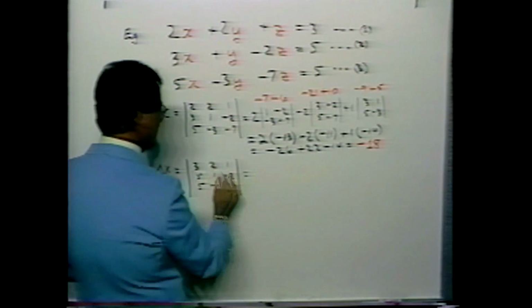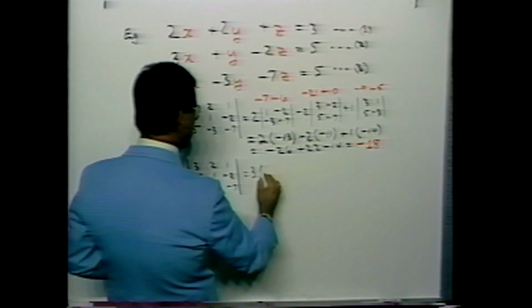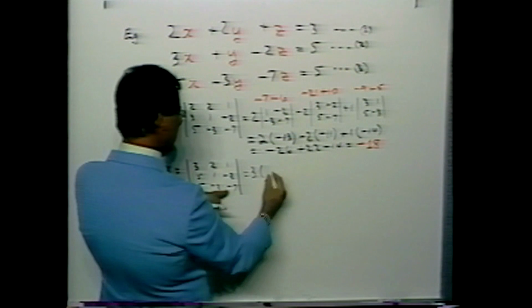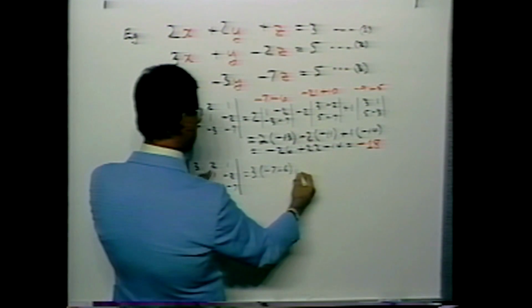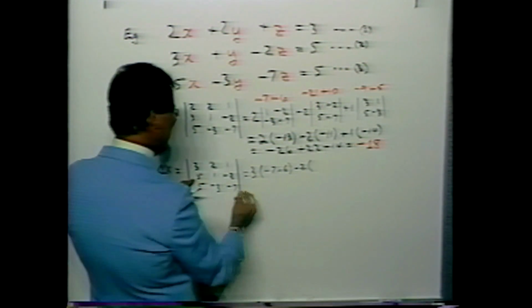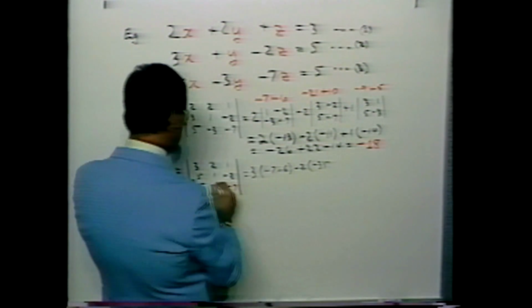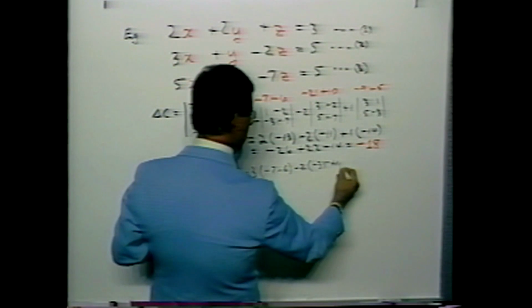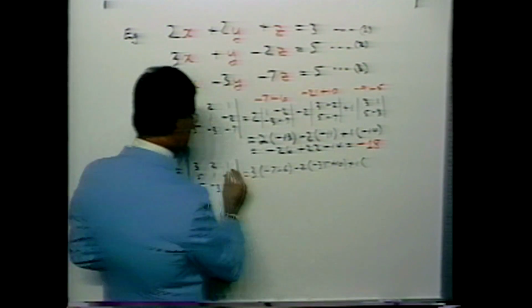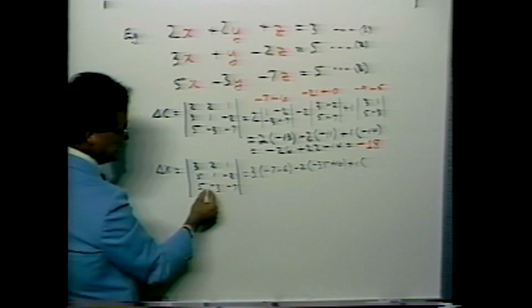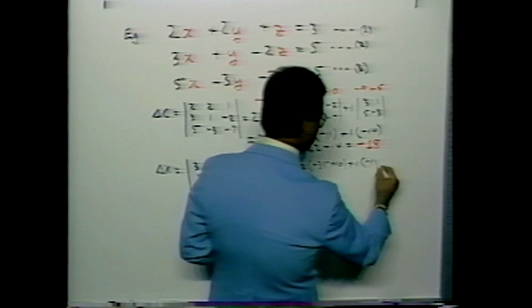This amounts to 3 multiplied by minus 7 minus 6. This amounts to minus 2 multiplied by minus 35 plus 10. And finally, we have 1 multiplied by 5 times minus 3 is minus 15 minus 5.